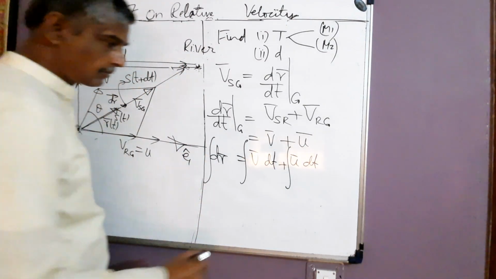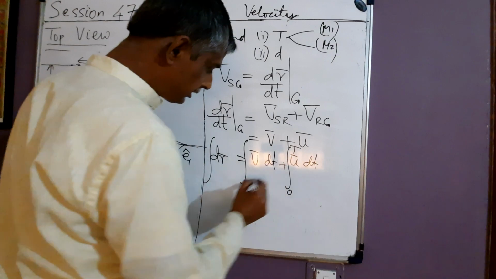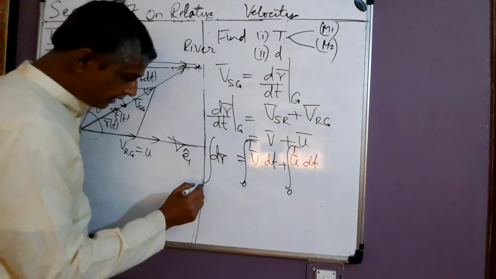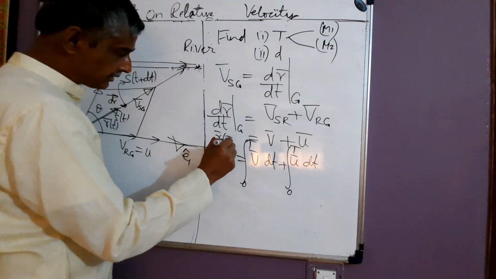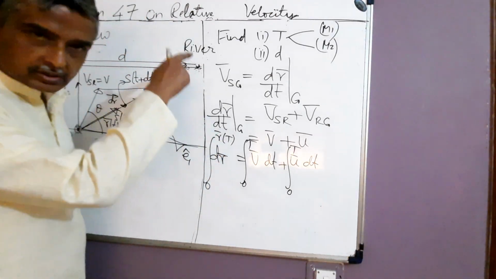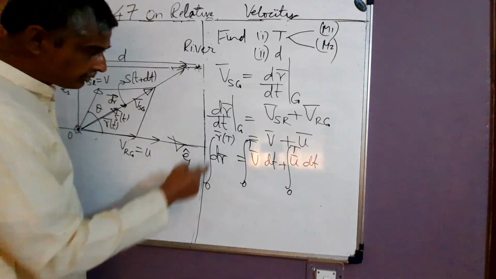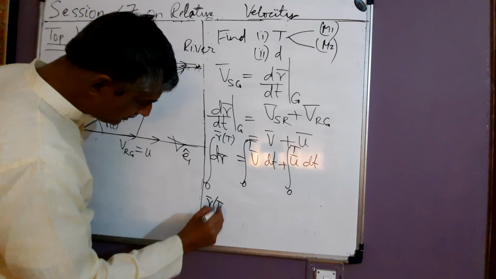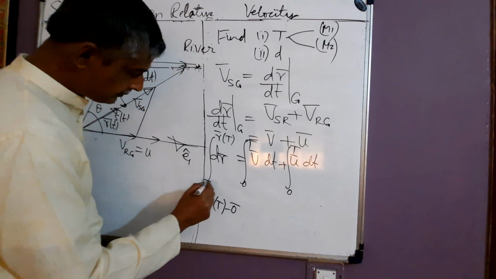0 to capital T, 0 to capital T, and 0 to R bracket T. R bracket T means the position vector of the swimmer at time capital T when it just crosses the river. So integrating this, we get R bracket T minus 0.